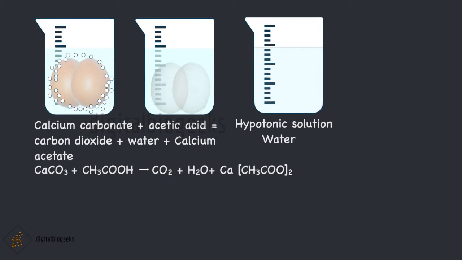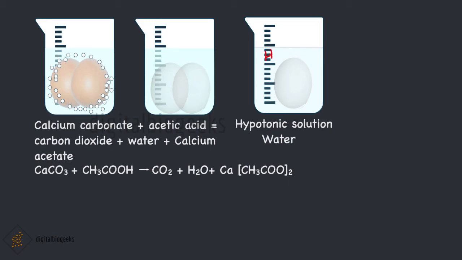Now place an egg in a hypotonic solution, that is water. Water is a hypotonic solution as it contains a smaller number of dissolved solutes and the concentration of water molecules is high. The water concentration is high compared to inside of the cell.